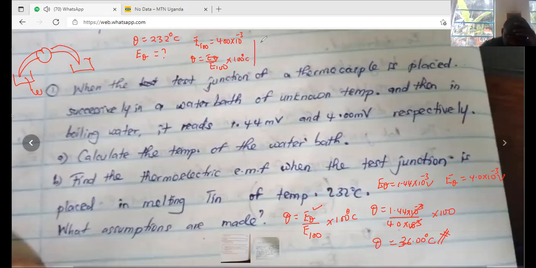This will take me to 232 equal to E theta, which we don't know, out of E at 100 is 4.00 times 10 power negative 3 times 100. Finally, you make E theta the subject to give us 4 times 10 to the power negative 3 times 232 divided by 100. What answer do we get?